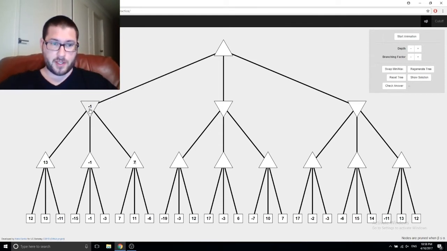So this node is going to pick the minimum of its children. So the minimum that it's observed so far is a -1. And it knows that the value of this node, when it's been evaluated, if it's higher than -1, it's going to ignore it. If it's lower than -1, it's going to pick this node.